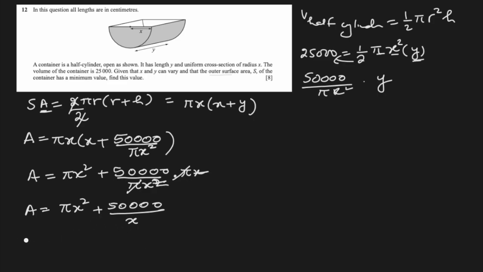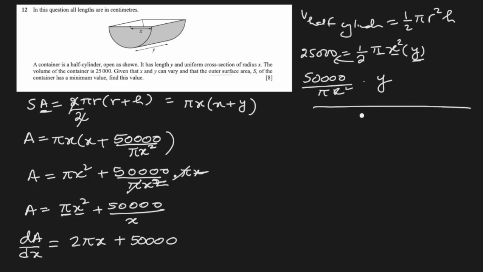Now to find the minimum surface area, first we should find the rate at which the area will change, dA over dx, and this differentiation will be 2 pi x. Pi is a constant, so we don't touch it. 50,000 is also a constant, don't touch it. Just 1 over x, let me differentiate here. How do we do 1 over x?